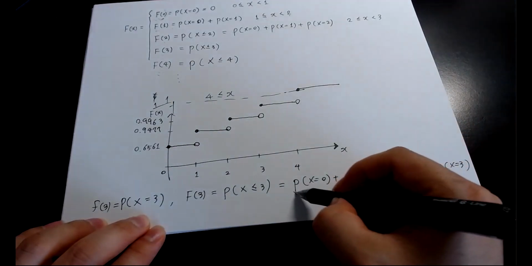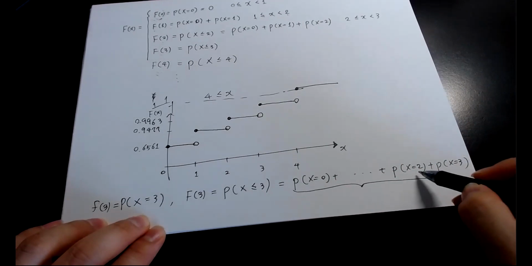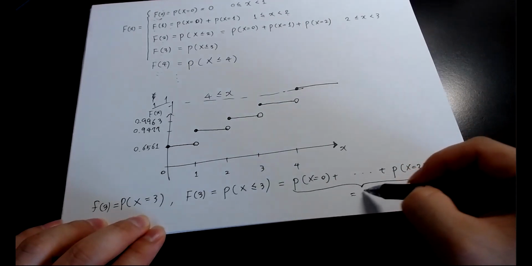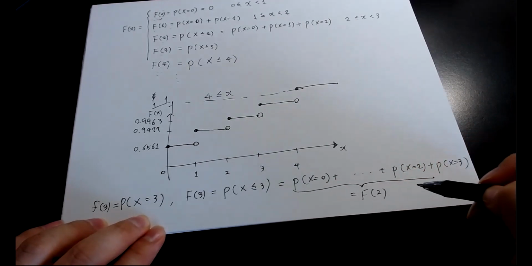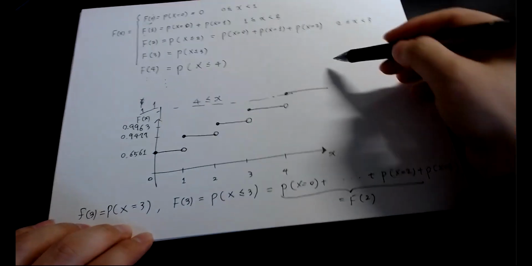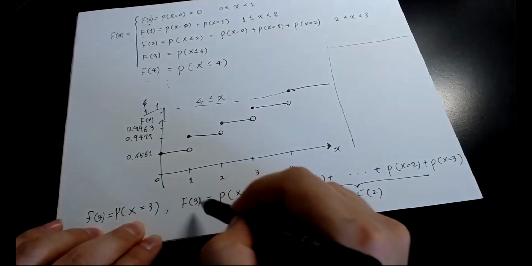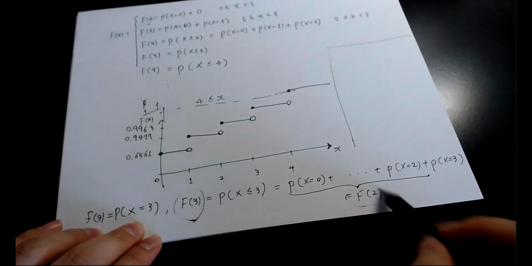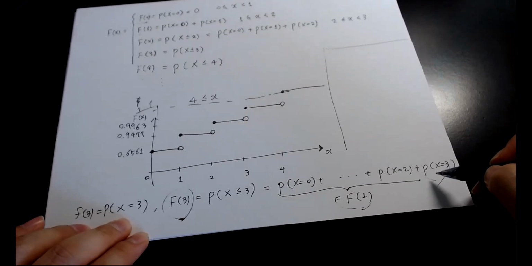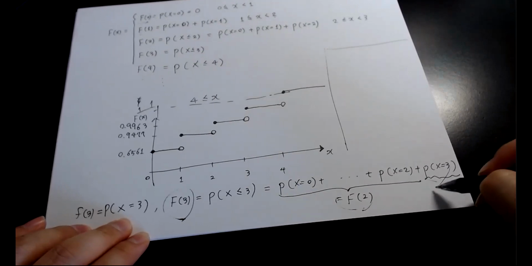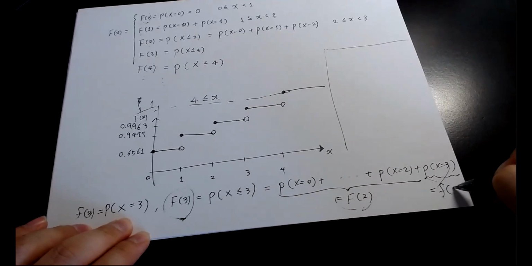So now you see that here, this part, X equals 0 through X equals 2, that's nothing but F of 2, right? So then F of 3 is equal to F of 2 plus P of X equals 3. But this is nothing but the PMF, f of 3, right?